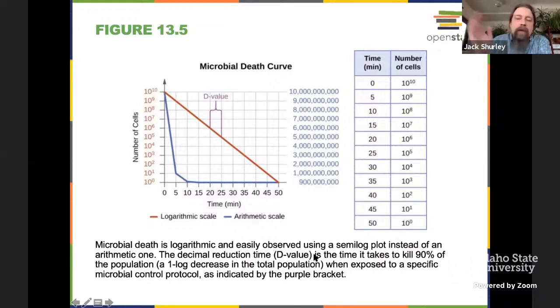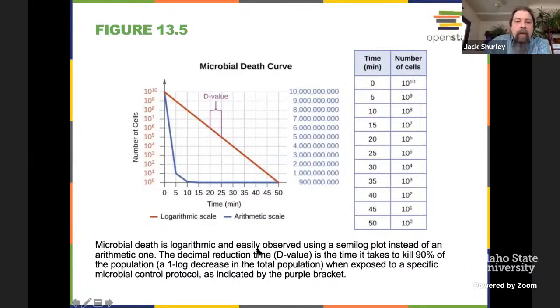So whatever it is you're trying to utilize, it's going to vary as far as how this death curve results, but you can see over the course of time in minutes, so a little less than an hour at 50 minutes, the idea is to bring that load down, basically to kill them. So at time 0, you've got a massive amount of cells, and then after 50 minutes, all right?